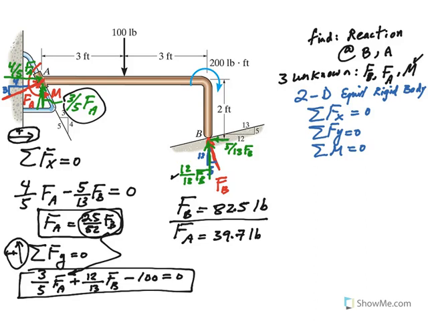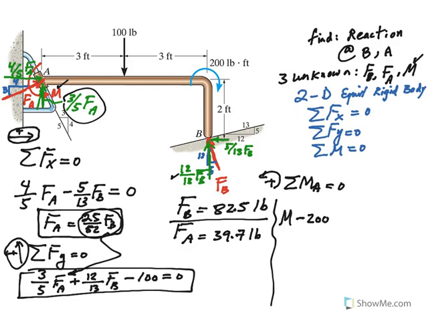You could take moment about A or B, it doesn't make any difference. Let me take moment about A, and I'm going to take counterclockwise as the positive direction. I start with my unknown moment reaction, M, which I assume is going to be positive. Then I add this couple that exists here, which, based on the direction I picked, would be a negative 200.